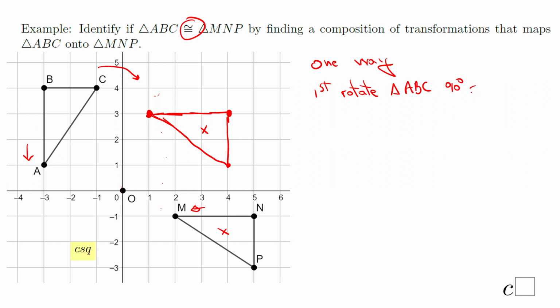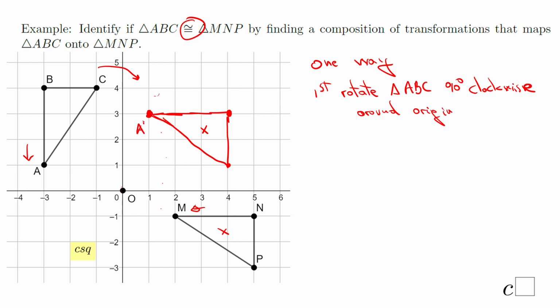Clockwise. Now we have to give the center of rotation: rotate triangle ABC 90 degrees clockwise around the origin.